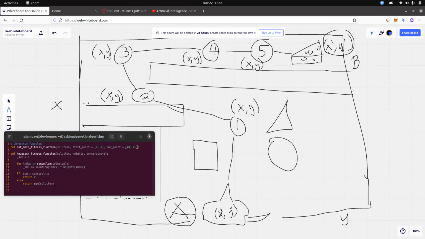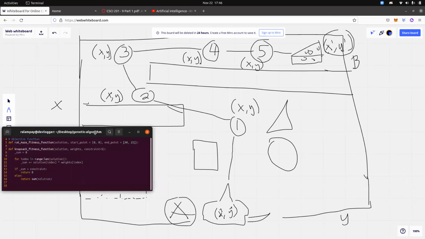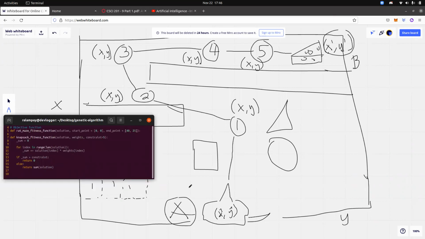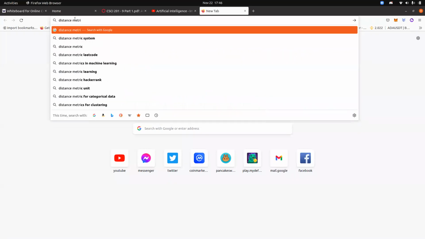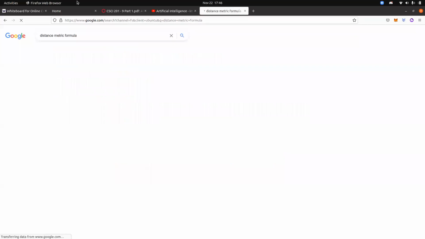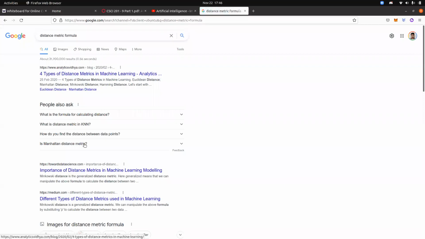So let's try to come up with a score. If this were a minimization problem, let's come up with a distance metric. You could search on Google what is a good distance metric. Usually what comes up would be something like the Euclidean distance. There are 4 types of distance metrics in machine learning.